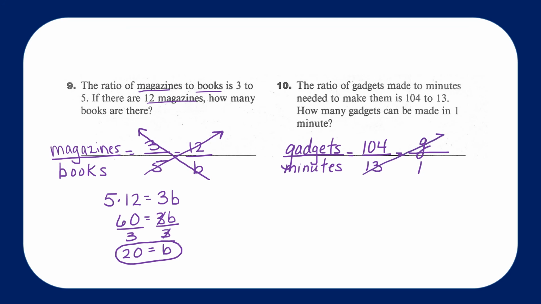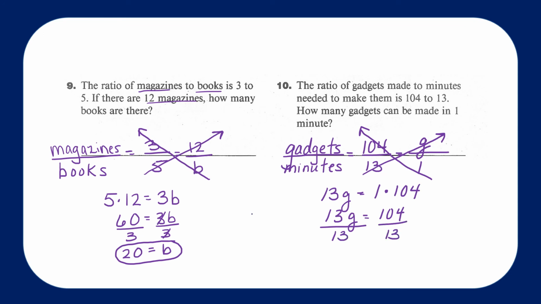So 13g equals 1 times 104. So 13g equals 104. We're going to divide both sides by 13.